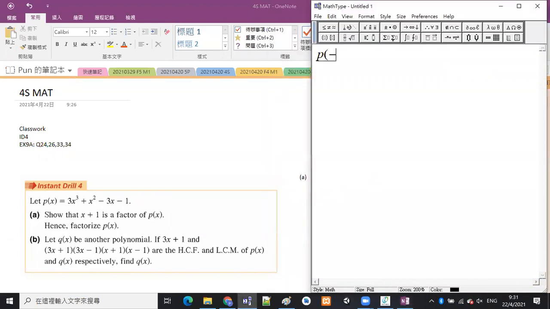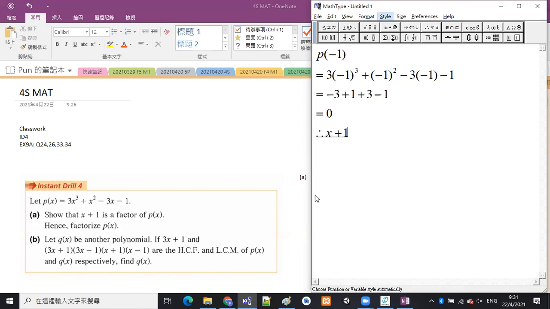So I calculate P(-1), and because we have the formula of P(x), we can really calculate P(-1), like this. It should be -3 plus 1 plus 3 minus 1, which is equal to 0. And remember to write down the conclusion: therefore, x plus 1 is a factor of P(x).